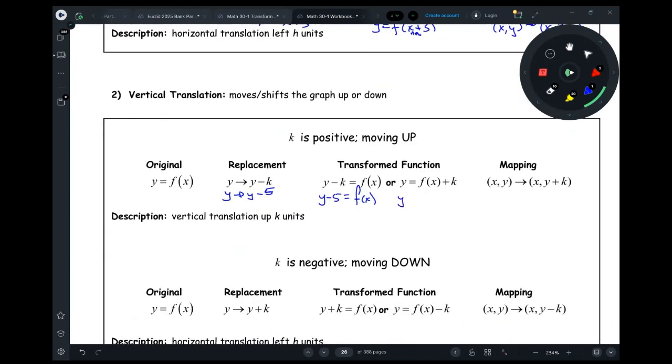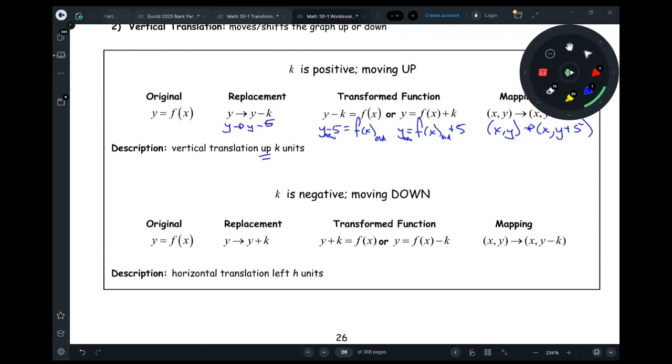So what I normally do is, this is my new y and this is my old y coordinate. To get my new y, I'm going to add that 5 to the other side. I usually do that so I can actually see it. So now this simply means y plus 5. So that was 5 up.